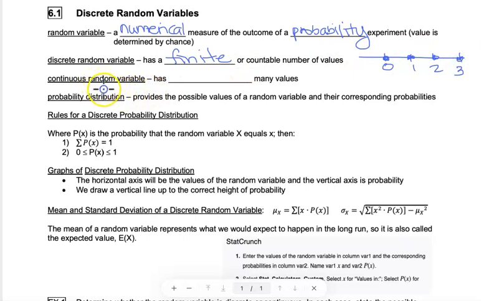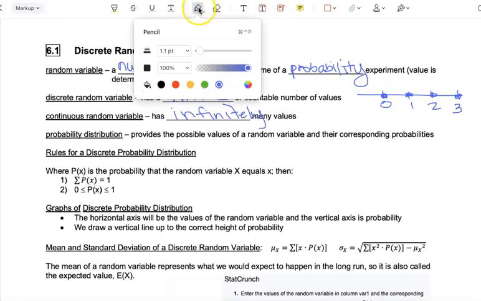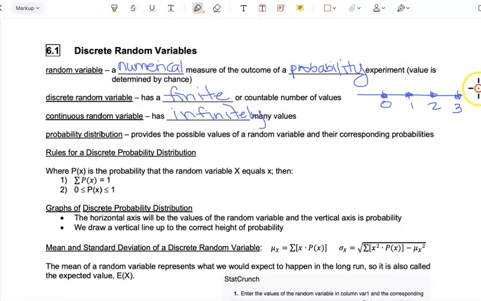With a continuous random variable, it has infinitely many values. And so it doesn't necessarily have to be these numbers themselves. If I were graphing a continuous random variable, its graph would look more like this. Again, it doesn't have to be between 0 and 3.